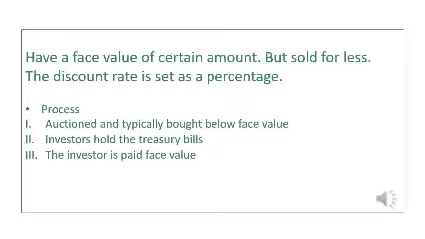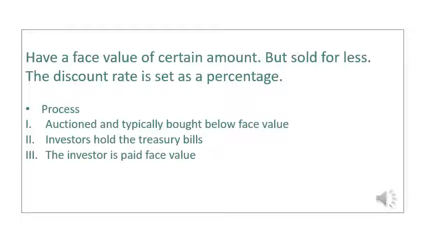For example, the discount rate is 4%. So from the 10,000 with a discount rate of 4%, you will get 400 as a discount. So you buy it just for 9,600. So now let's move to the process.